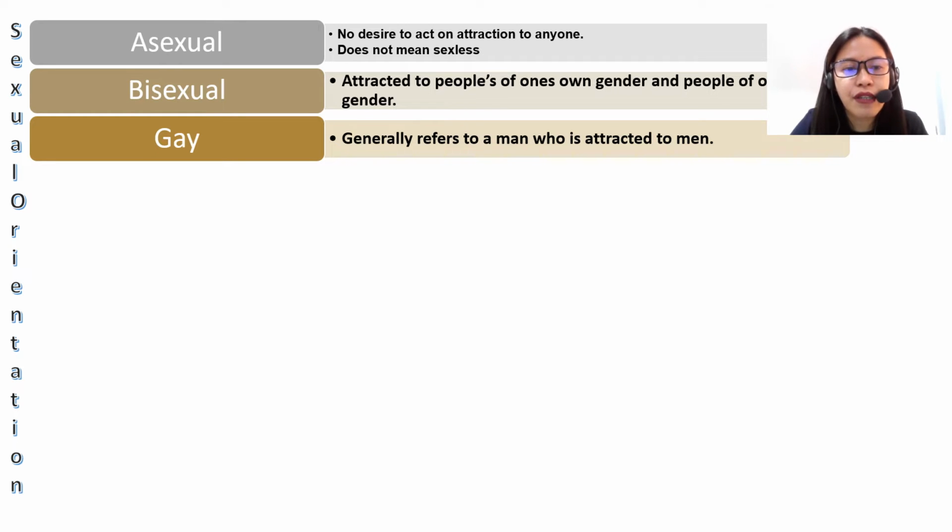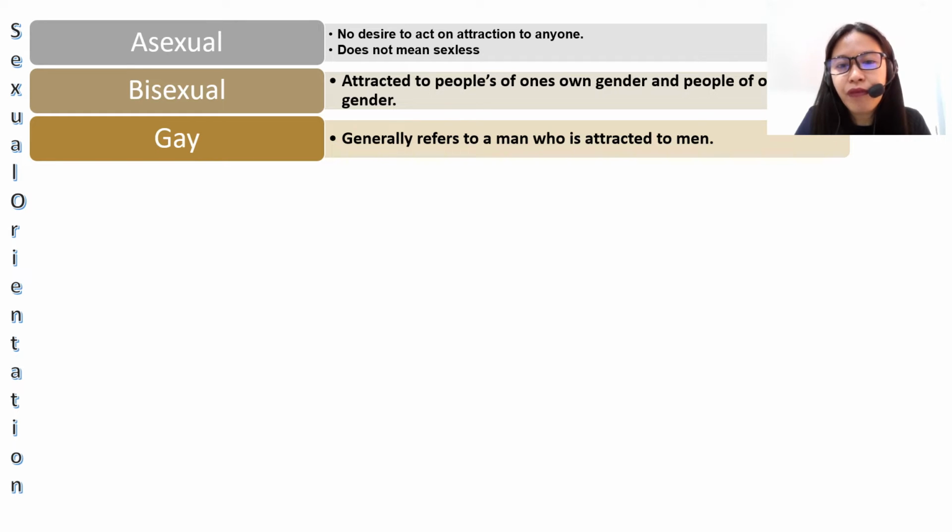The sexual orientation of gay generally refers to a man who is attracted to men. Ito lang sasabihin ko: just because he is a man and he is vain, medyo may kalandian and laging tumitingin sa salamin, does not mean you can immediately connote such a person to be gay.